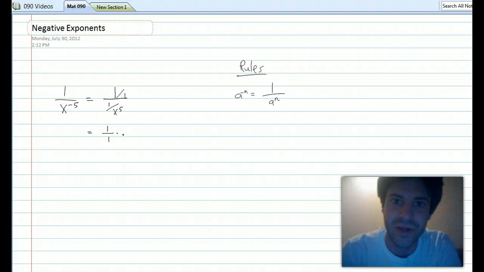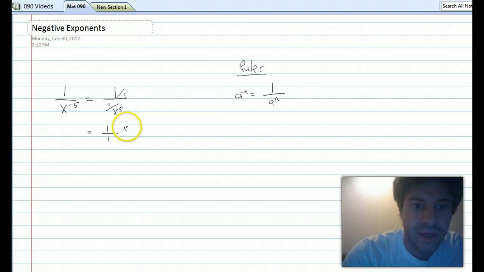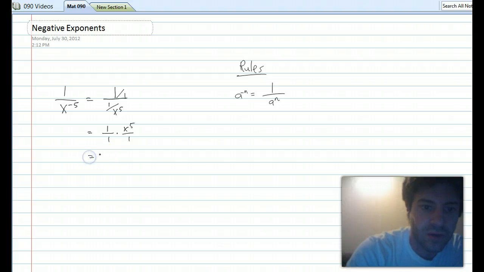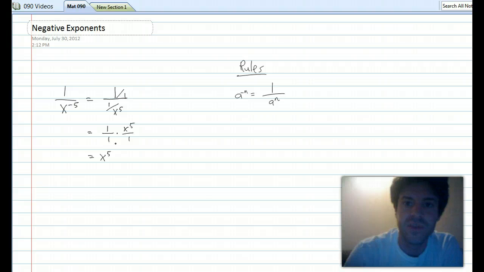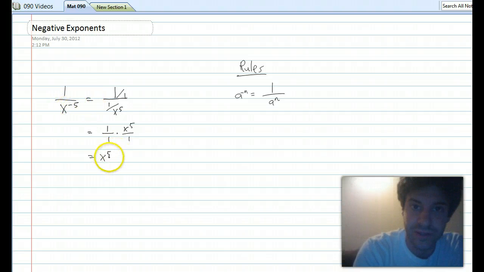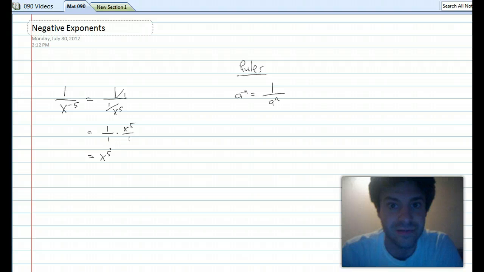You copy down the numerator, and you flip over, you take the reciprocal of the denominator, and you multiply. Clearly when you multiply that out, all the 1s are just going to go away, and you get x to the 5th power. So what we've decided is we can take a negative exponent in the denominator, move it up to the numerator, and call that exponent positive.